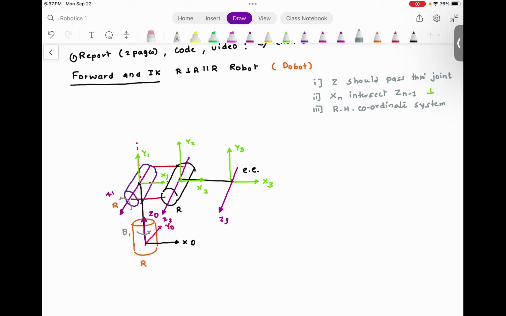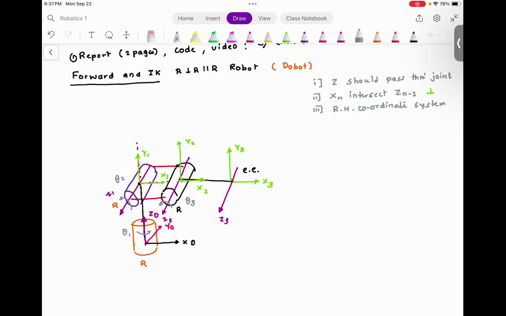I would assign theta 2, I would assign theta 3. It's very important to note that these thetas are considered positive. So when you curl your fingers in the direction of rotation of theta 1, the thumb is pointing in the direction of Z0.